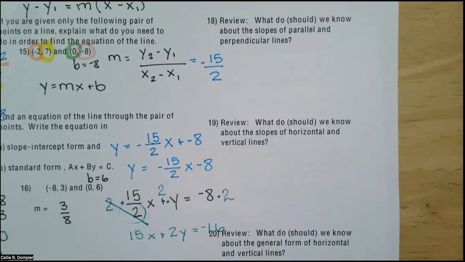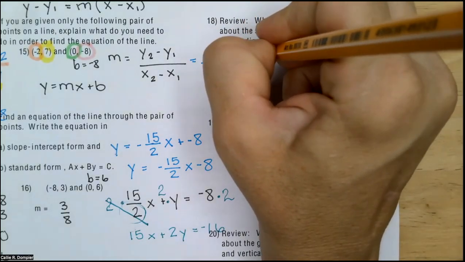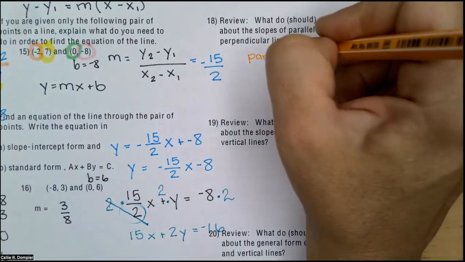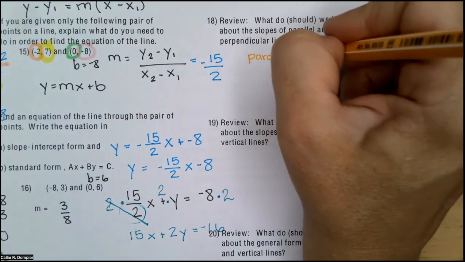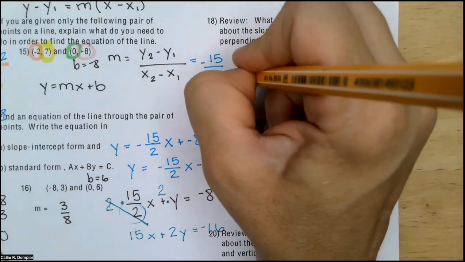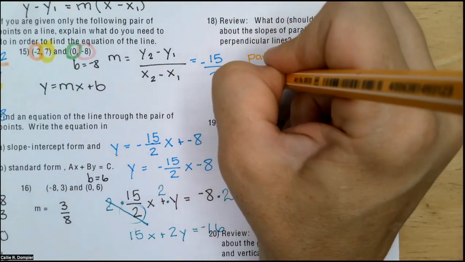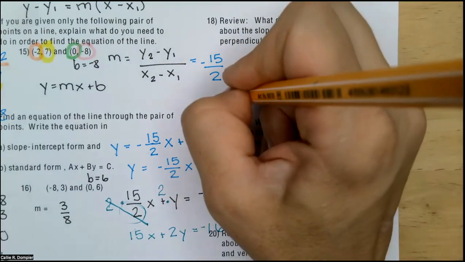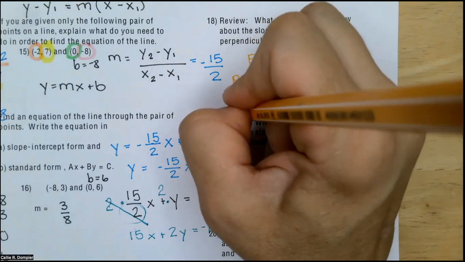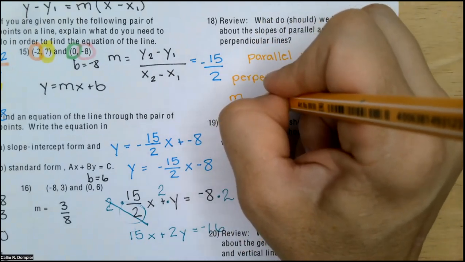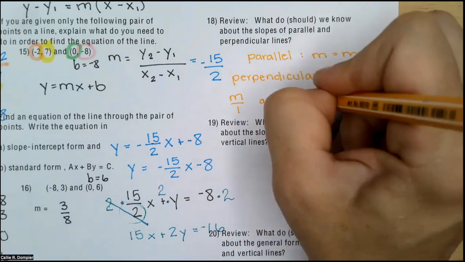Just to review, what do you know about parallel lines? Parallel lines have the same slope. m equals m. Perpendicular. m over 1 becomes -1 over m.